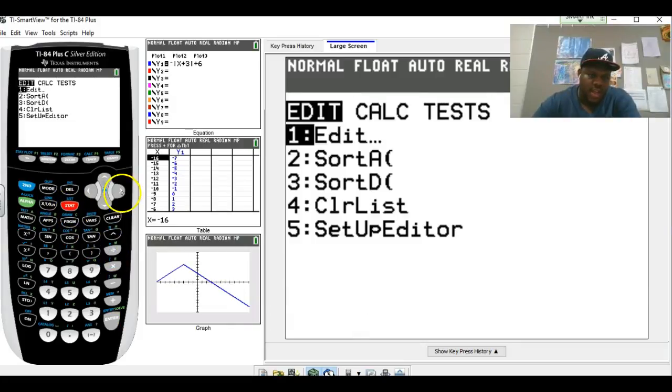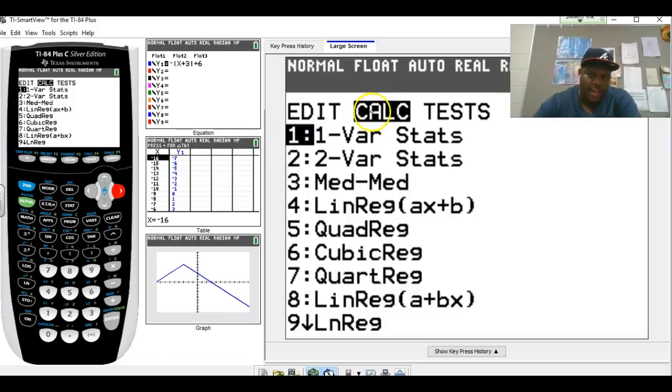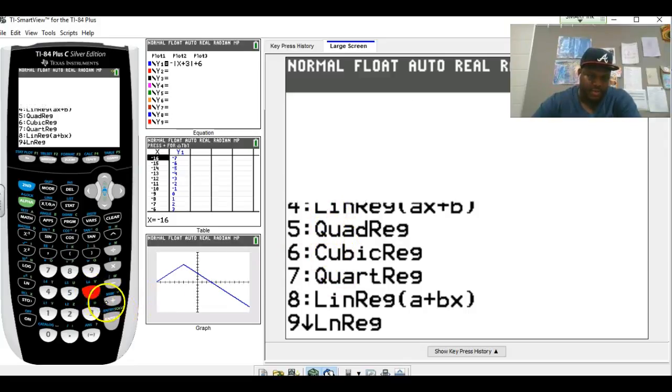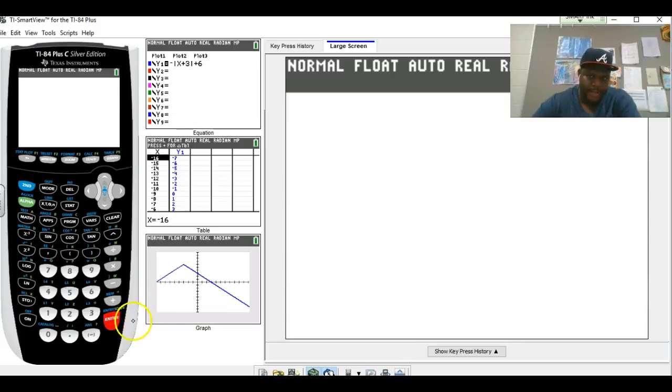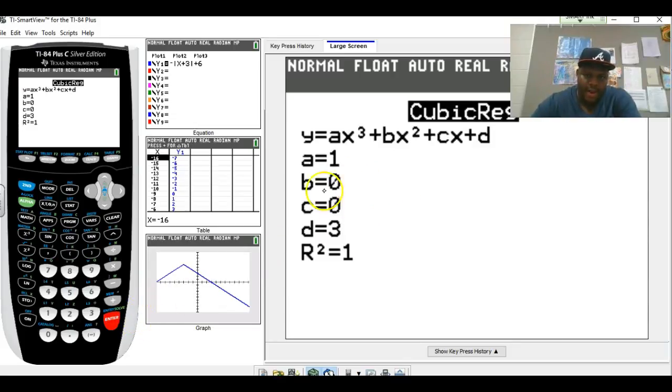So if I go stat and then right to calculate, here are all my regressions. So we had cubic, option 6. And there, guys, is going to be my equation. Y'all see how R squared is 1? So this is definitely our function.